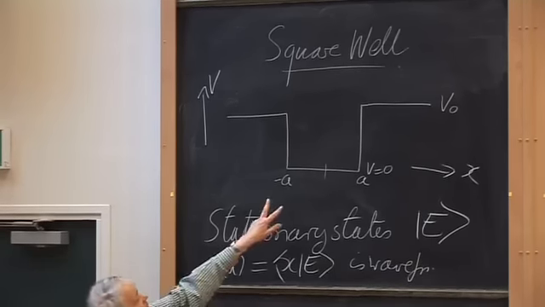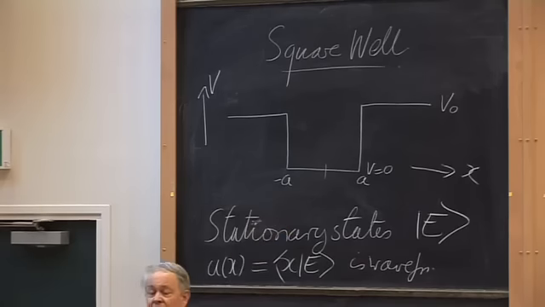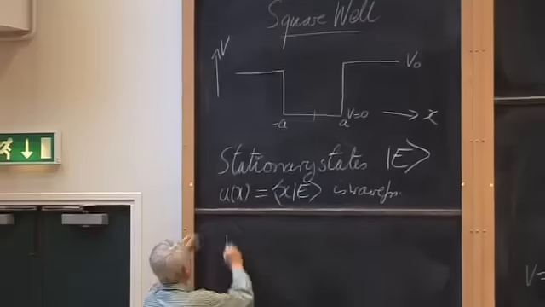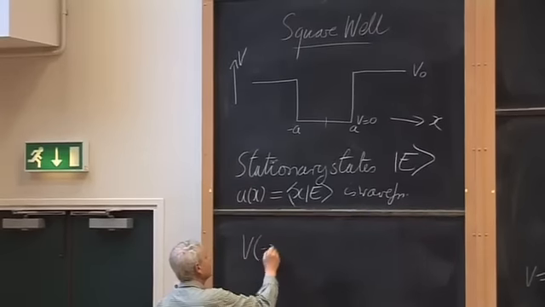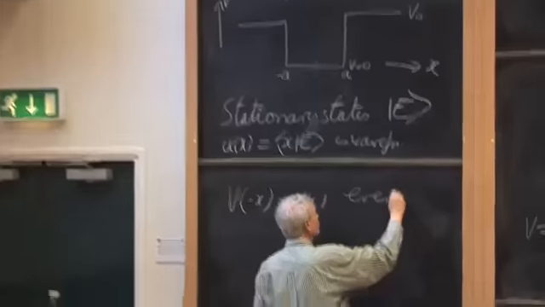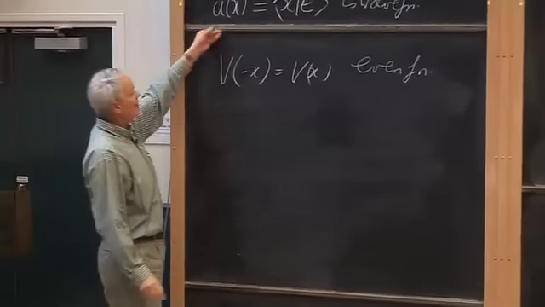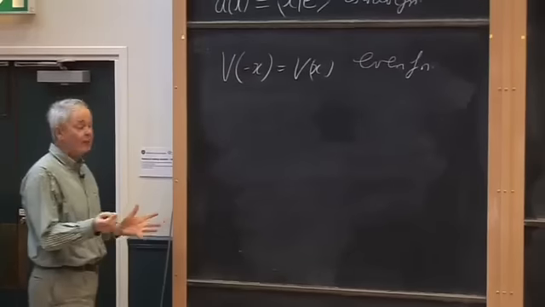Now this potential is symmetrical, an even function of x, so we have that V of minus x is equal to V of x. The consequence of that involves the parity operator we introduced last term.